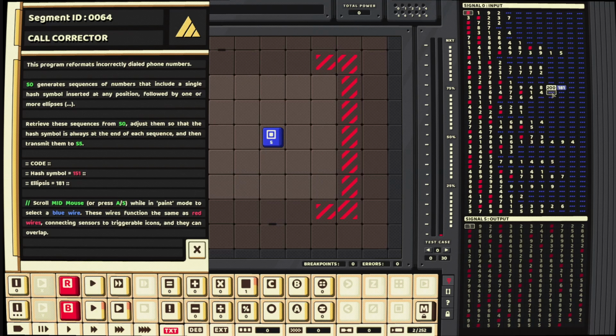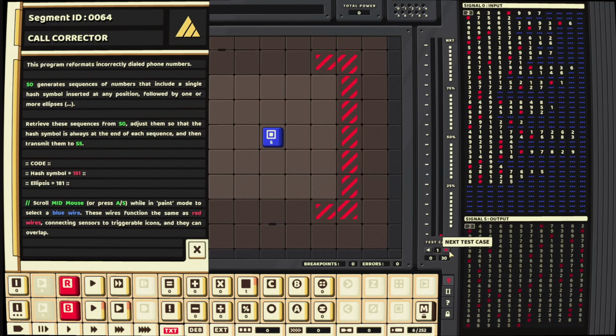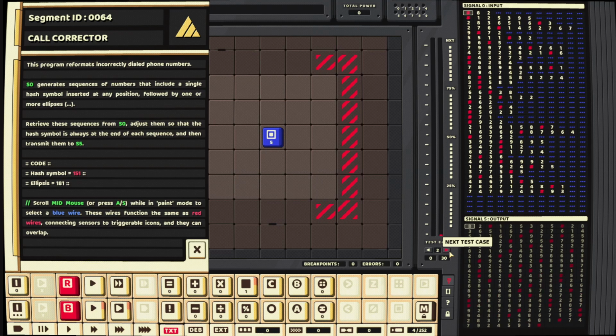Actually, the input description says a single hash symbol inserted at any position. Well, it could mean at the end. It just isn't in any of the examples. I guess I can look at later test cases. I still don't see it at the end in any of these.